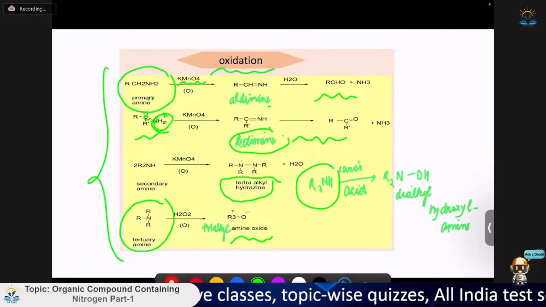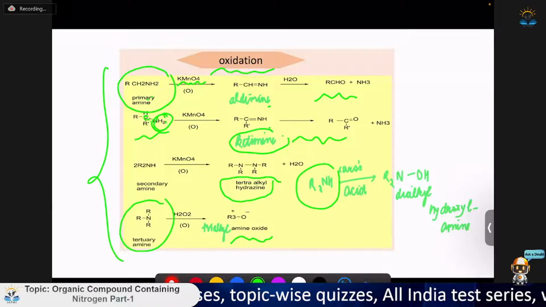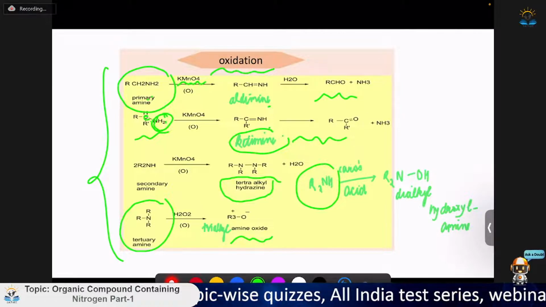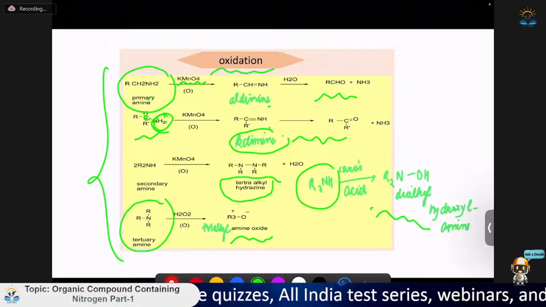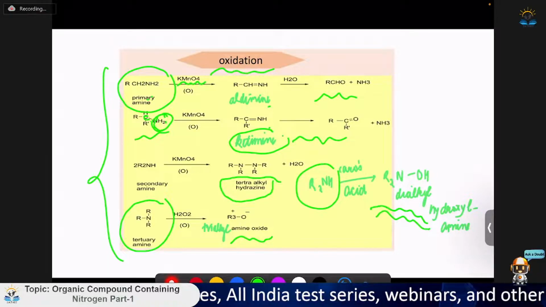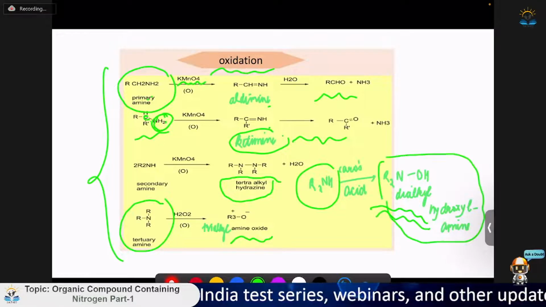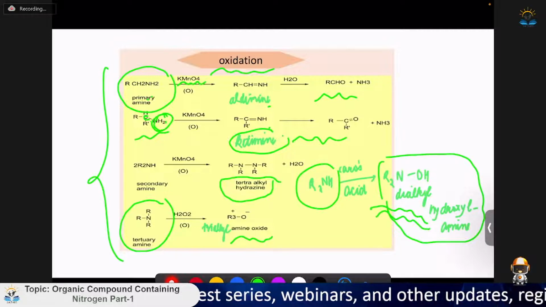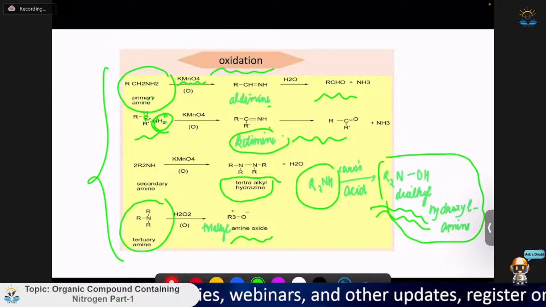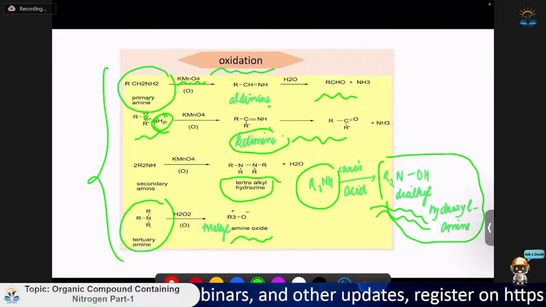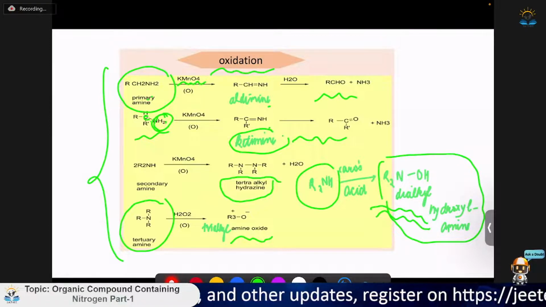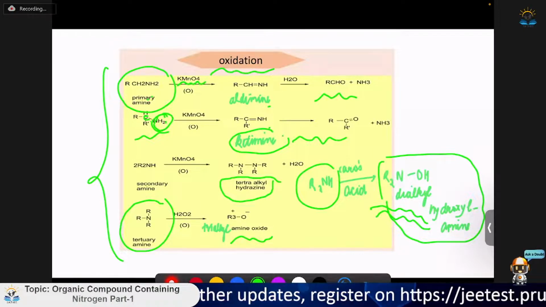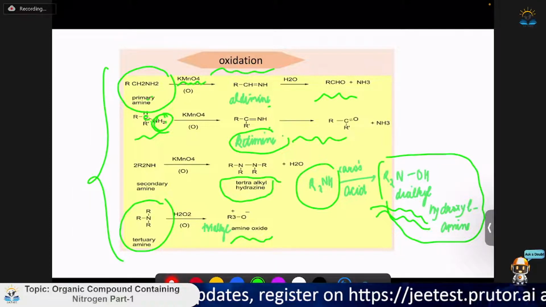If we react it with Caro's acid, then we have to remember we get dialkyl hydroxylamine. So this is the oxidation reaction of amines. We have to know that we get aldehyde and ketone only in cases of primary amine.